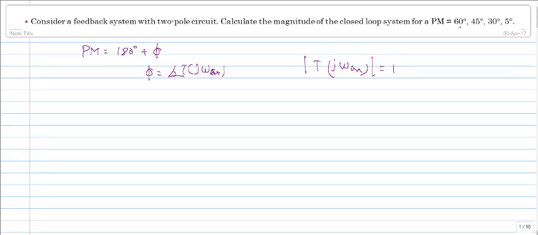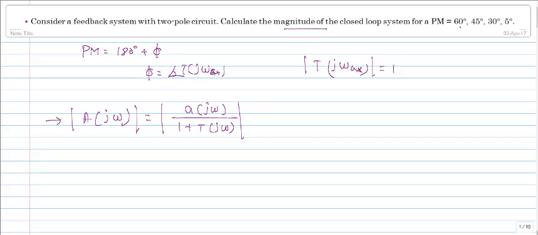This is the definition that we have seen in the last lecture, and one could write the expression for the magnitude of the closed loop response as A of j omega equal to the ratio of open loop gain divided by 1 plus the loop gain evaluated at omega. This is the normal definition of how to evaluate the magnitude of a closed loop expression.